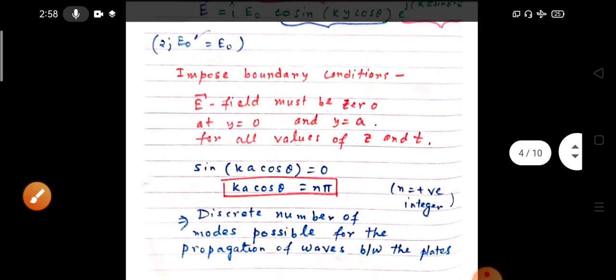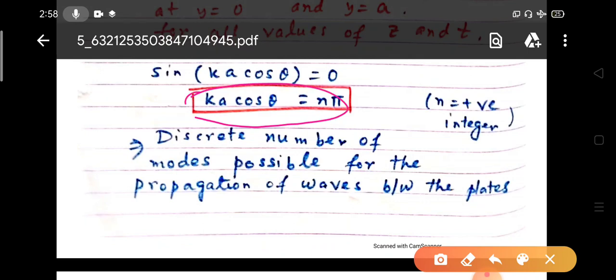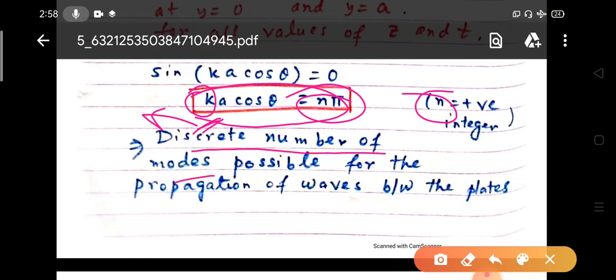Now this is a very important physics here: k, the wave vector or propagation vector, is confined within certain integer values that will be decided by n. So we get a discrete number of modes possible for the propagation of waves between the plates. That's why we are getting different modes.